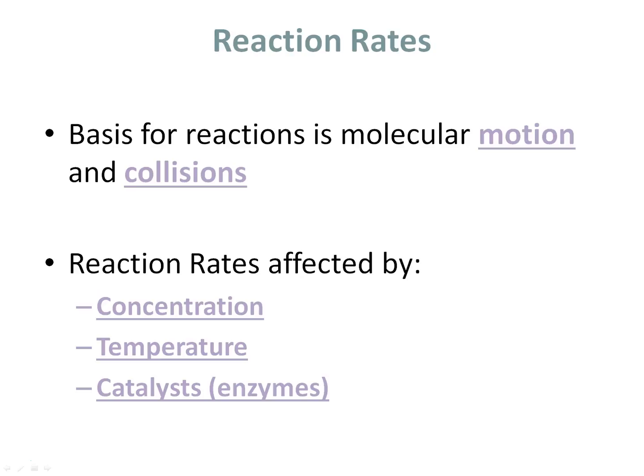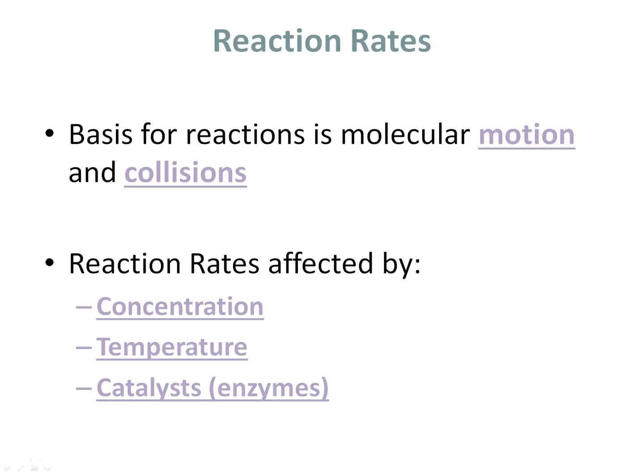The rate of a reaction is based on molecular motion and collisions. So in order to have two things react with each other, they have to run into each other. So if we have more molecules or a higher concentration, those molecules are more likely to run into each other. And when they run into each other, they may react.